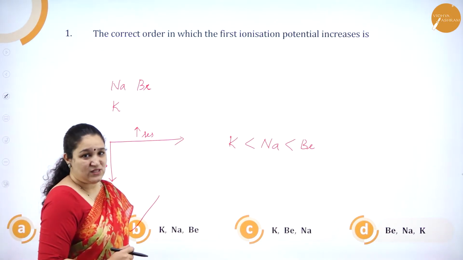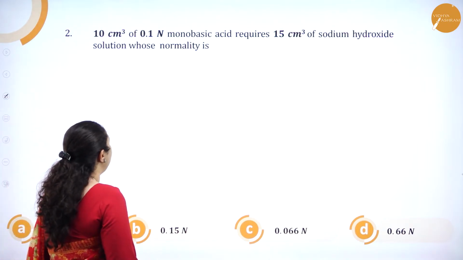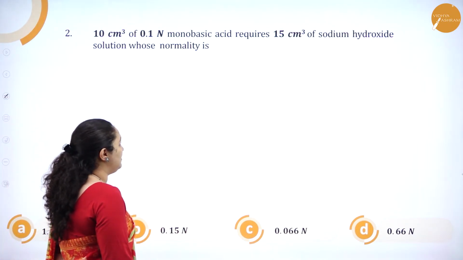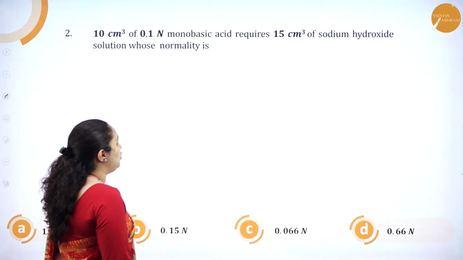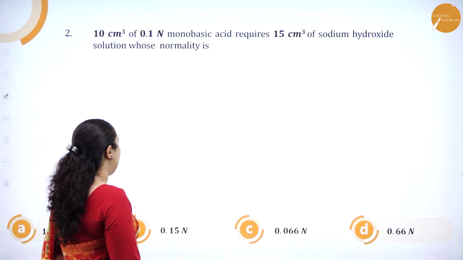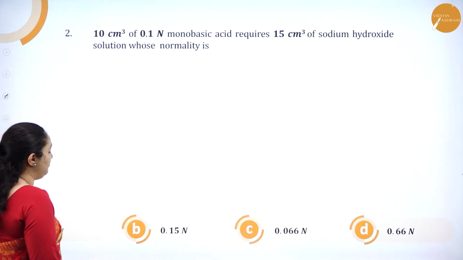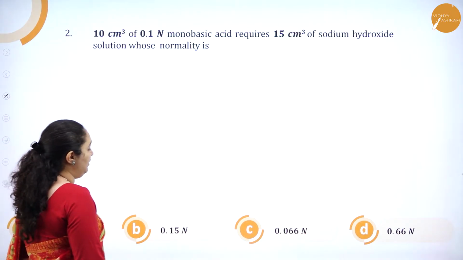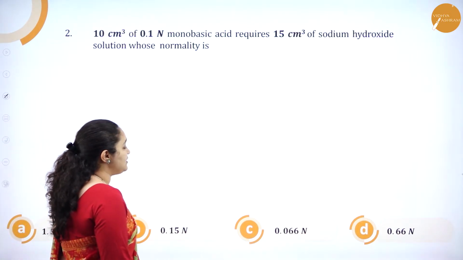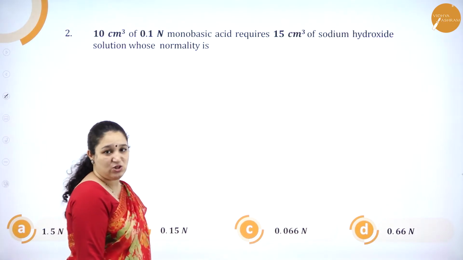The next question. 10 cm cube of 0.1 normal monobasic acid requires 15 cm cube of sodium hydroxide solution whose normality is: option A 1.5 normal, option B 0.15 normal, option C 0.066 normal and option D 0.66 normal.